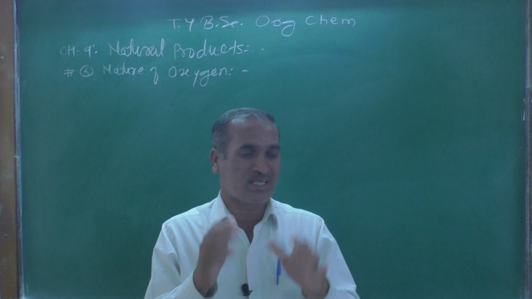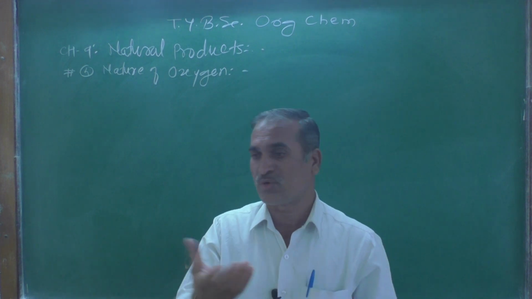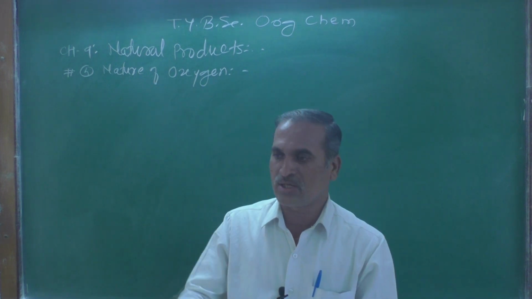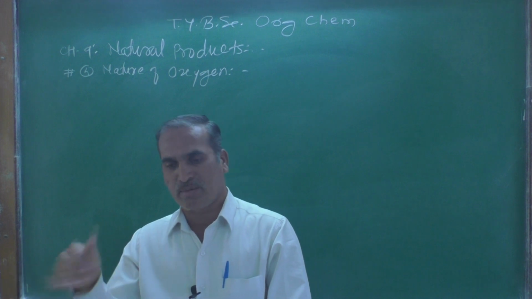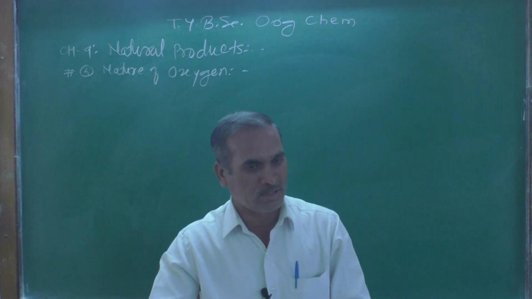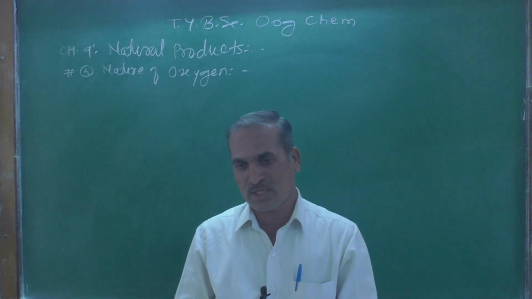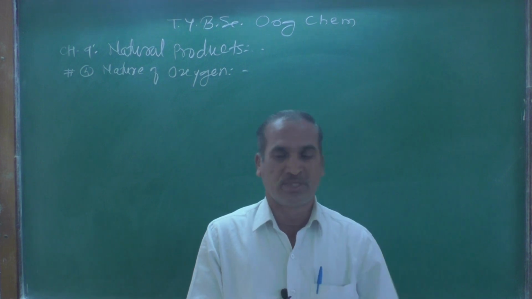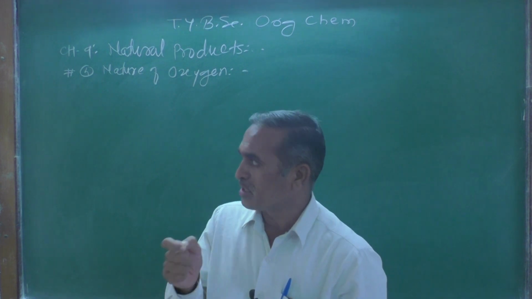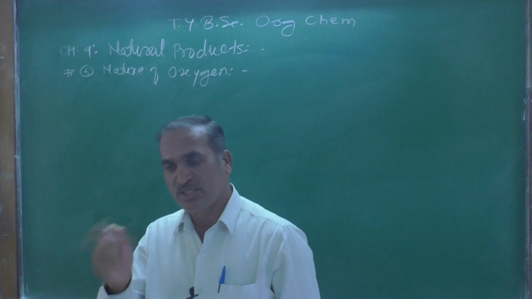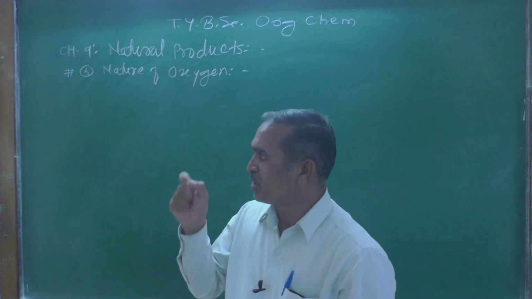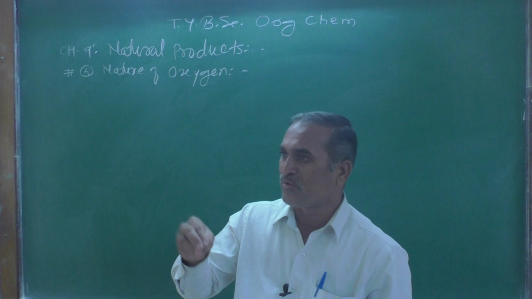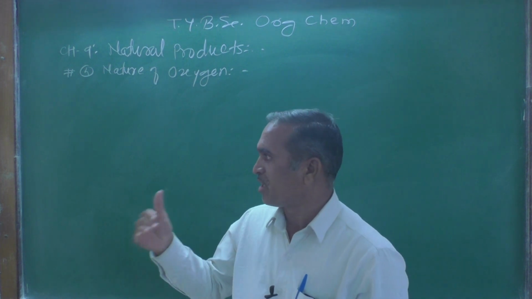The next point we discussed is the detection of unsaturation. Theoretically, an organic compound containing a carbon-carbon double bond or triple bond is known as an unsaturated compound. We know some tests by which we can identify the presence of unsaturation using different chemicals, and they are well-known.